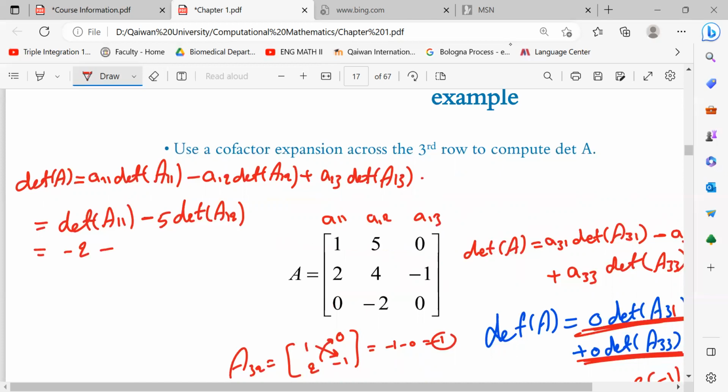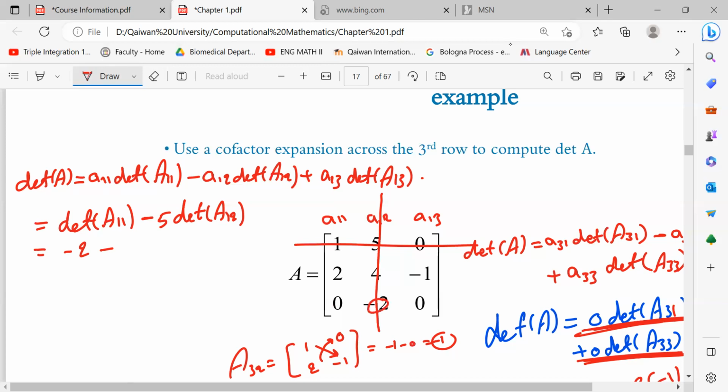What's A12? A12 is this submatrix, obtained by removing the first row and second column. A12 is 2, 0, negative 1, 0. Look, in determinants, if all entries of a row or a column are 0, the determinant is 0.